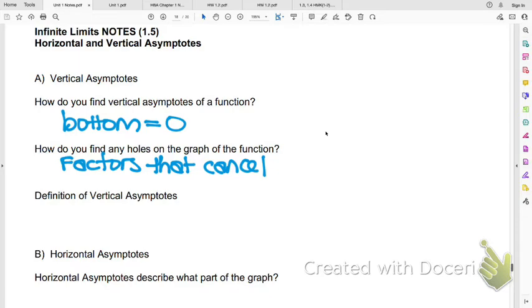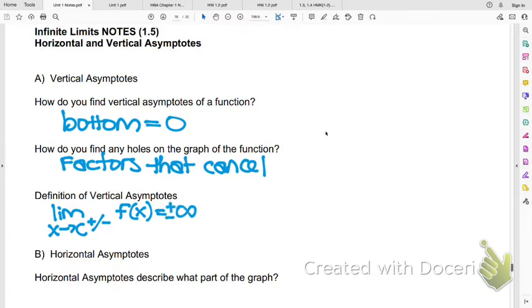Okay? So our definition in calculus of vertical asymptotes is any place where the limit as we approach, and I'm going to put a little plus sign here, but it could be a minus sign too, is equal to infinity or negative infinity.